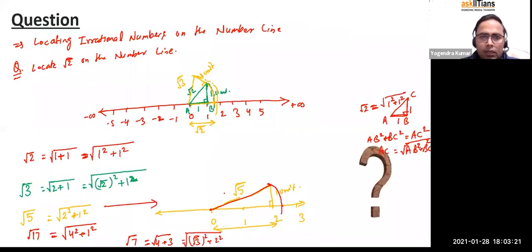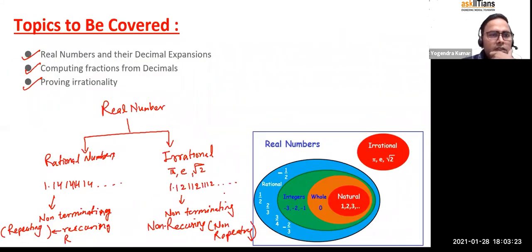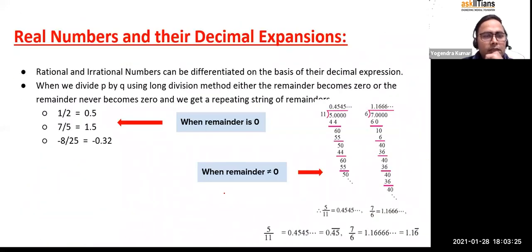Now let's come to the topic of real numbers and their decimal expansions. I think we talked about it in the last class also, but no problem, we can repeat again. Rational numbers and irrational numbers can be differentiated on the basis of their decimal expansion, right? So what is the difference between these two forms?